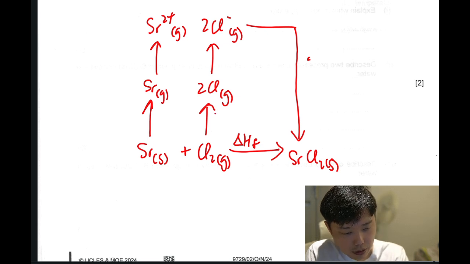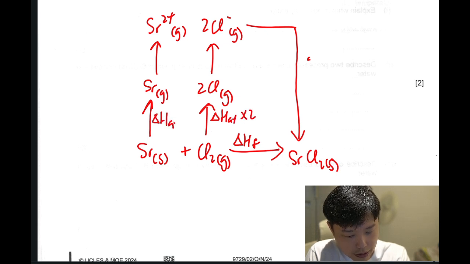Okay, so this one is delta H atomization times 2 for chlorine. This is delta H atomization for strontium. Atomization, and then you have first and second IE of strontium.